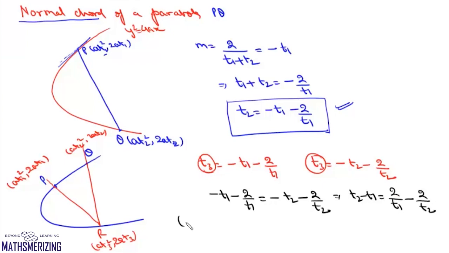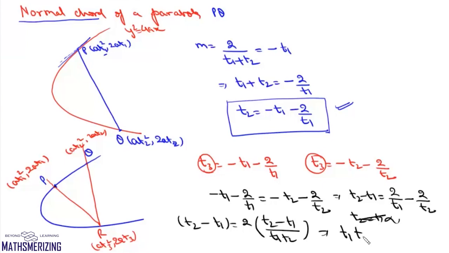So we can write this as t2 minus t1 times 2, and again it is (t2 minus t1) upon t1 t2. So one result that we'll get from here is t2 equals t1, but it is not possible because in that case these 2 points P and Q will be the same point, they won't be distinct points. So we'll discard this condition.